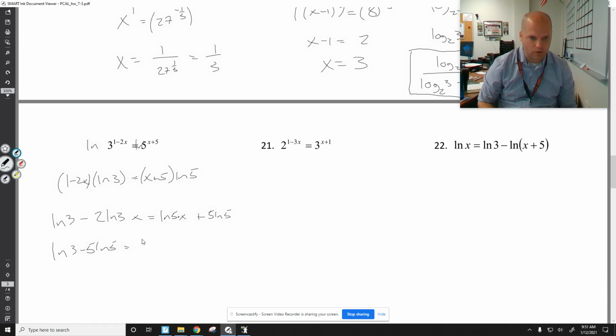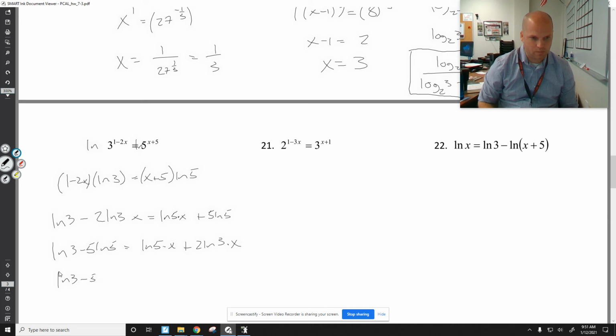I'm showing you the other way you could have done this previously. Instead of taking the log base 2, you would take the natural log or log base 10. Doesn't matter because of the change of base formula. Now that I got this, I can factor out an x.